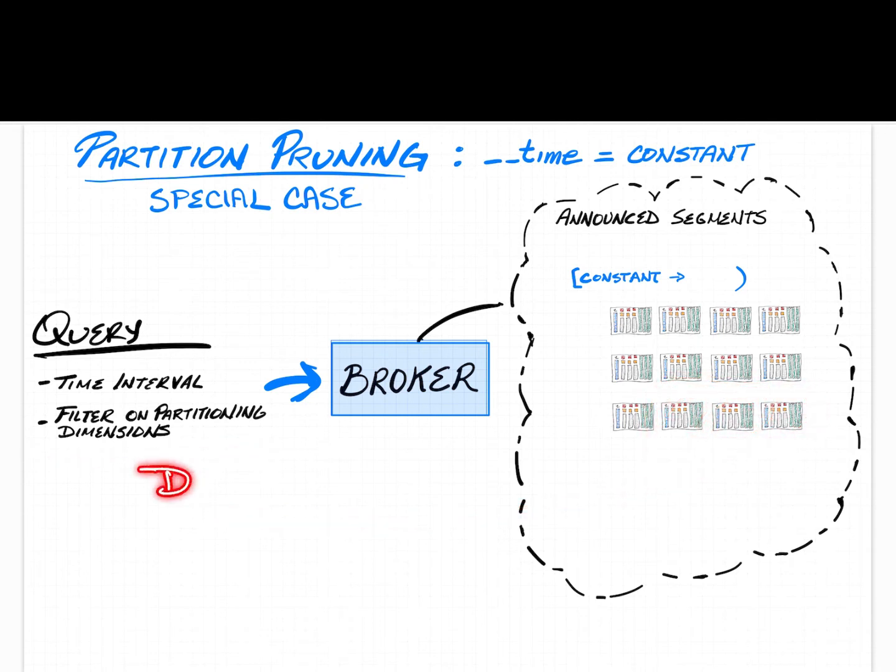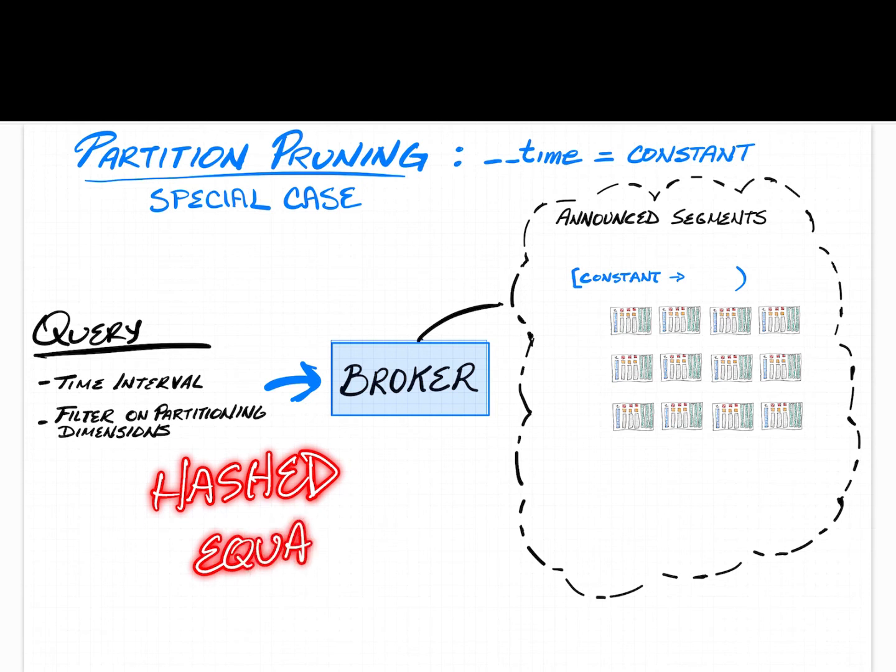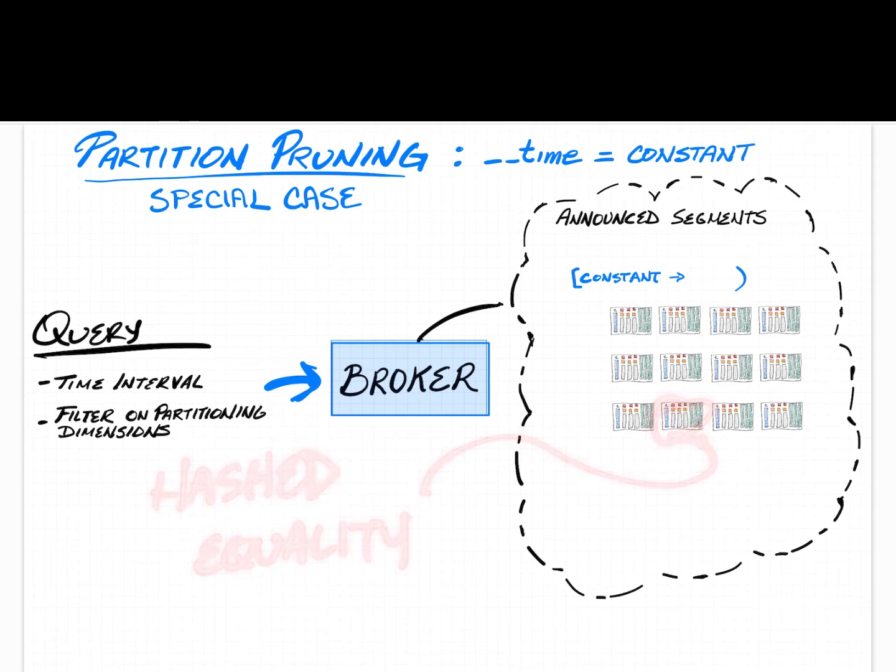So let's see what happens with each of the partitioning types. With dynamic partitioning, we'll have to read all of them, so that's probably not a good choice. With hash partitioning, if we have equality conditions on the partitioning dimensions, we'll be able to select a single partition, so that's probably a good choice.